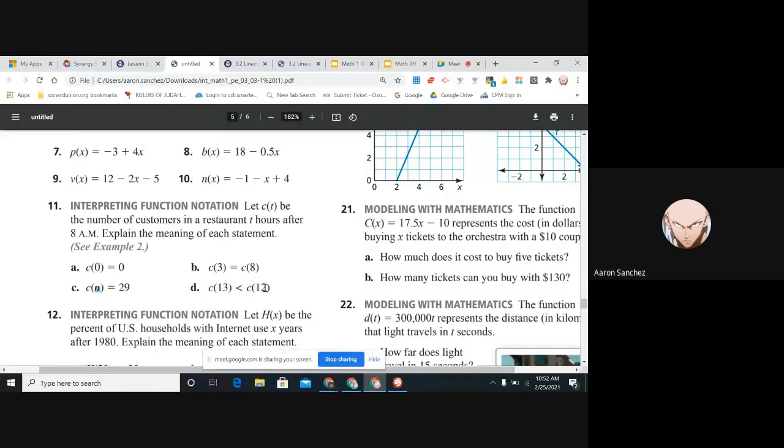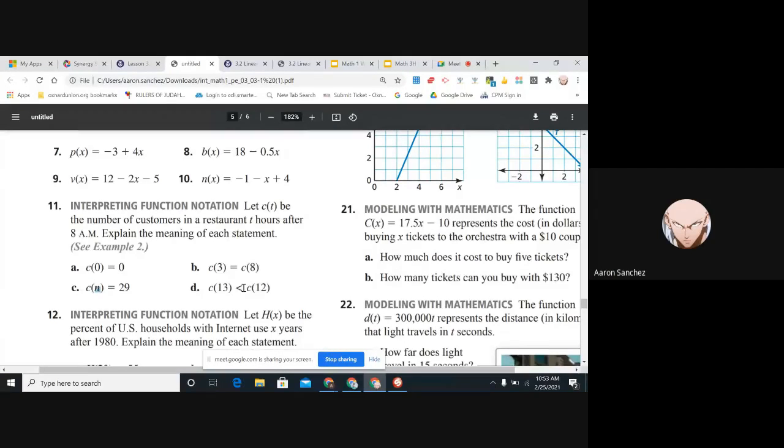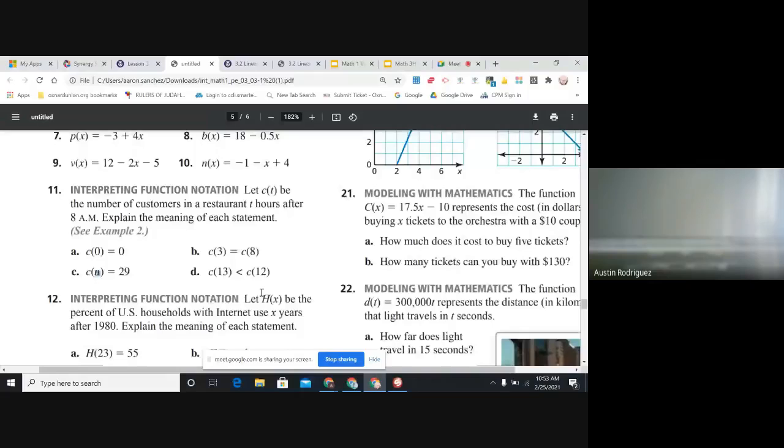So what this is saying is that at 12 hours, they had more customers than at 13 hours, which makes sense because 12 is like lunchtime and 13 hours is after lunch, so probably everyone ate. Anyway, that's how we do all that.